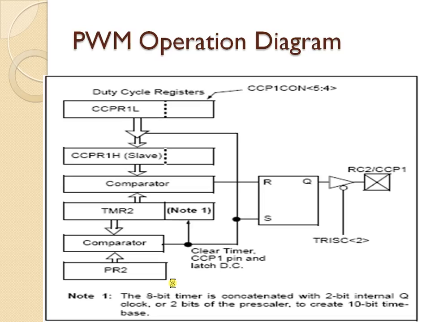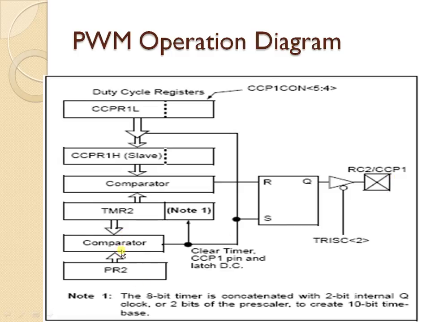Okay, and then PWM mode. In this case, you can see that the timer 2 register is always compared with the CCPR high register. Okay, and the timer 2 register is again compared with the PR2 register. Now if the CCPR register is identical to the timer 2 register, then it will reset the CCP pin.